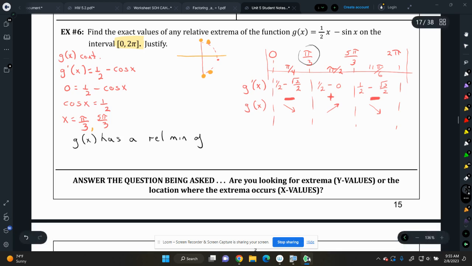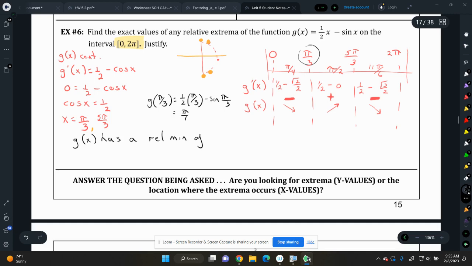At pi over 3, right? So g of pi over 3 equals 1/2 pi over 3 minus the sine of pi over 3.